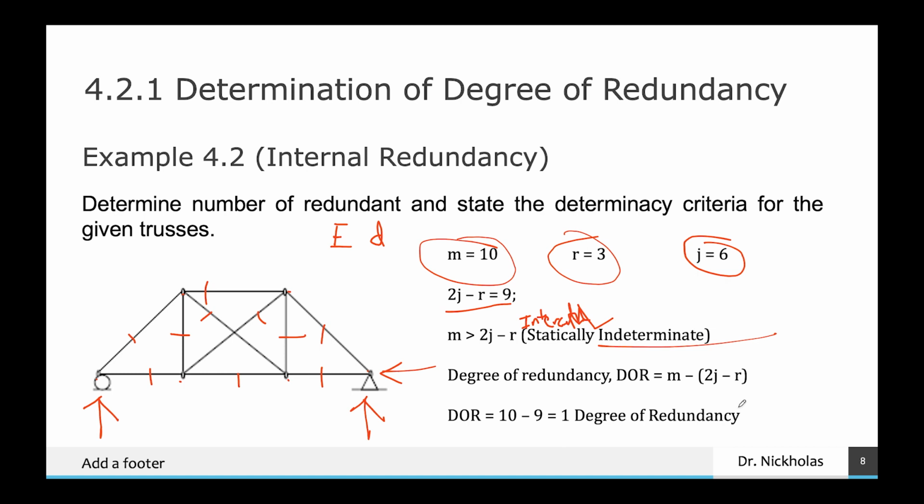You can use this method to determine the degree of redundancy by using m minus (2j minus r). This is one of the ways we can use. So the number of redundant, the excess members of the truss, is 1.